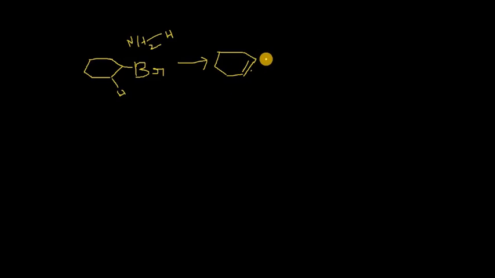Once a double bond is there, with this double bond we can conduct a mechanism called ozonolysis, as per the process given to us. Because of this NH3, this product is obtained, so we have to do ozonolysis.